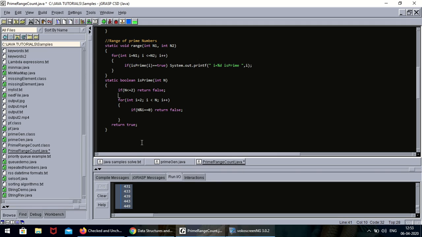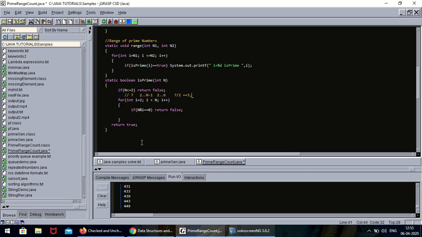If you take any number like 7, for example, it says 2 to n minus 1. That means 2 to 6. Any of these numbers should not divide 7, right? And also 7 by 2 gives us 3.